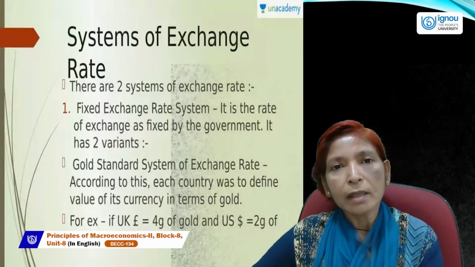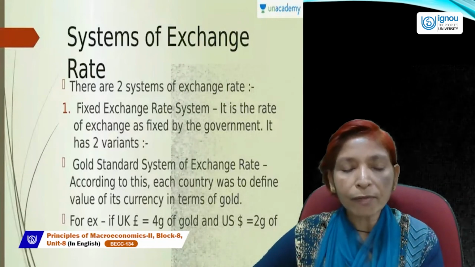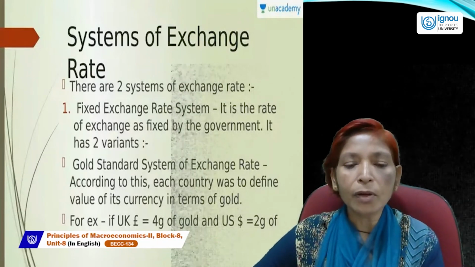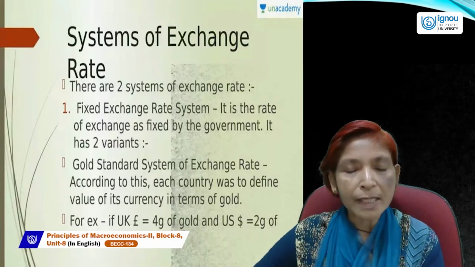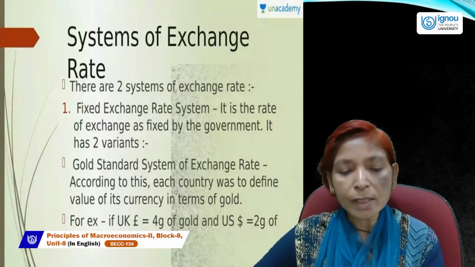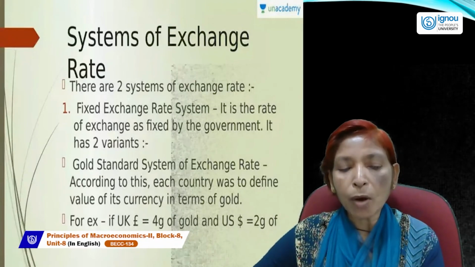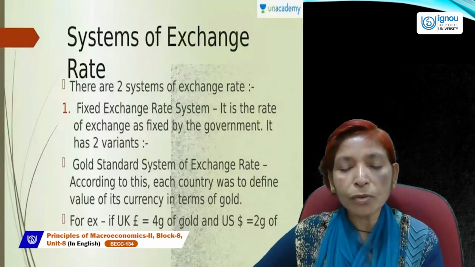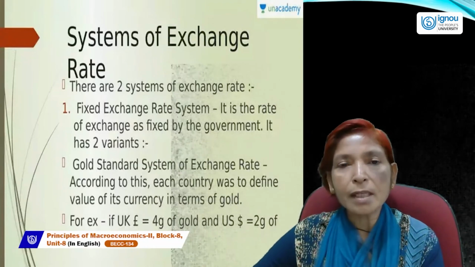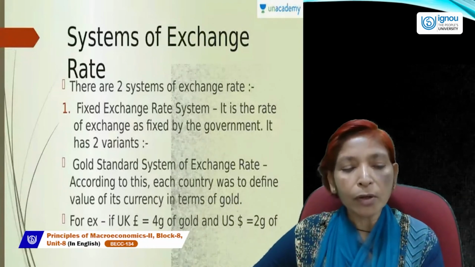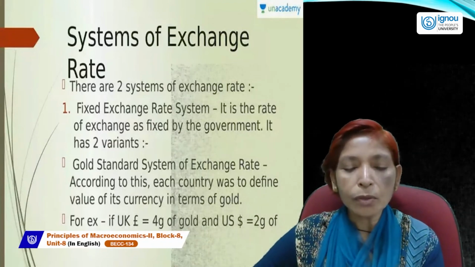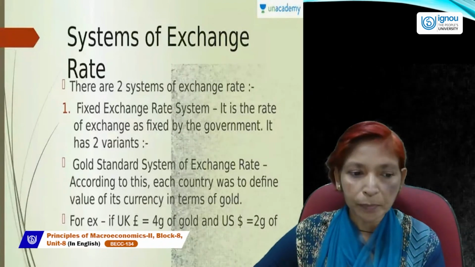According to this, each country was to define the value of its currency in terms of gold. For example, if UK 1 pound is equal to 4 grams of gold and 1 US dollar is equal to 2 grams of gold, then 1 UK pound is equal to 2 US dollars.